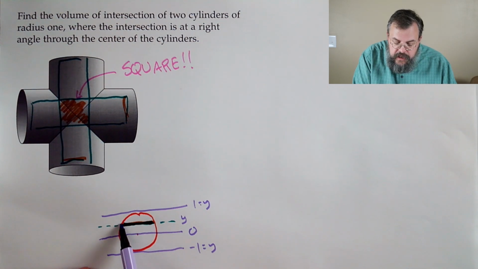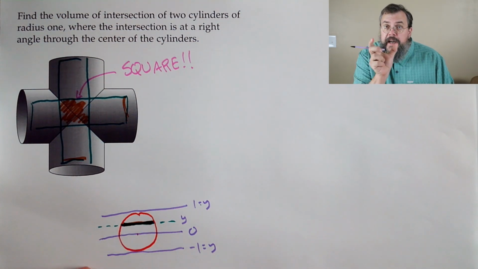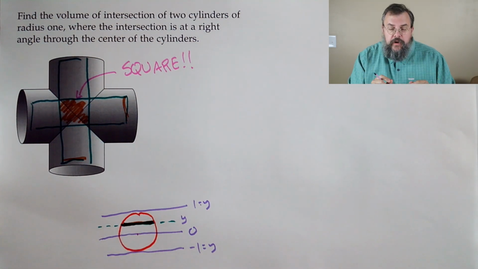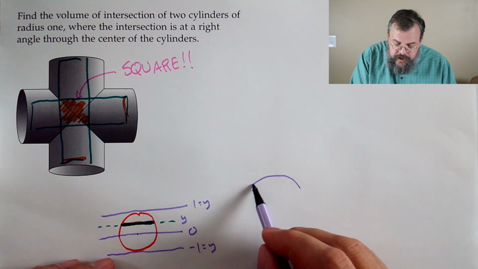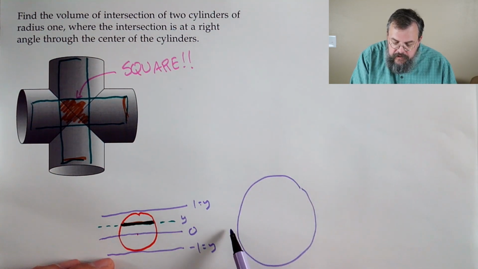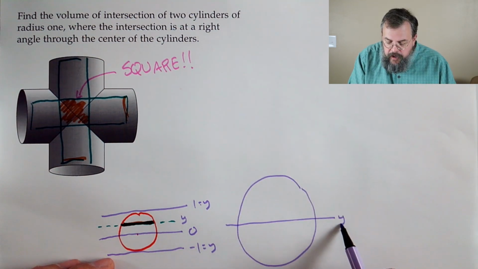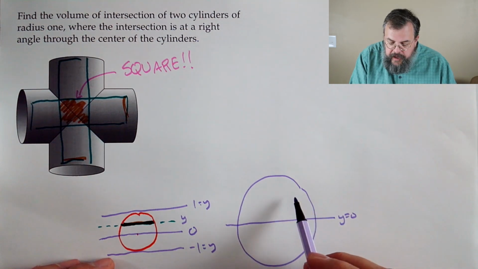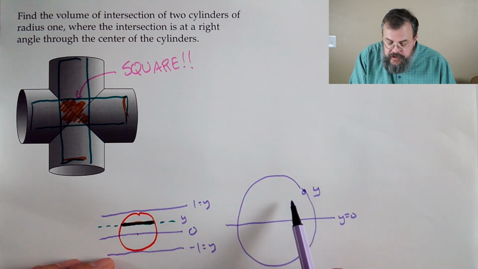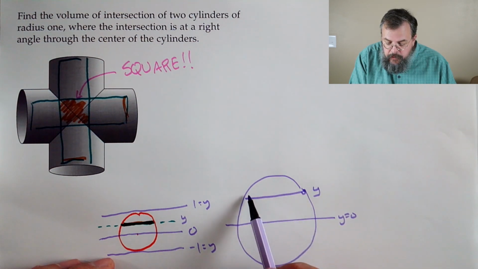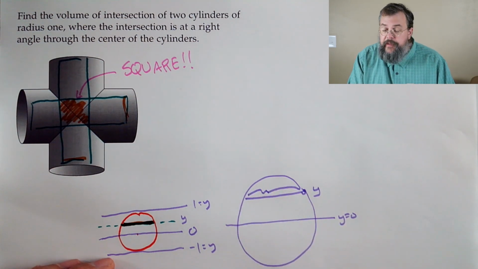The question is, how wide is that? Okay, so let's draw a little bit bigger, because I think we'll need to see the picture a little better. All right, so here we have y equals 0, and now I'm here. Here's y, and the question becomes, what's true about that length?